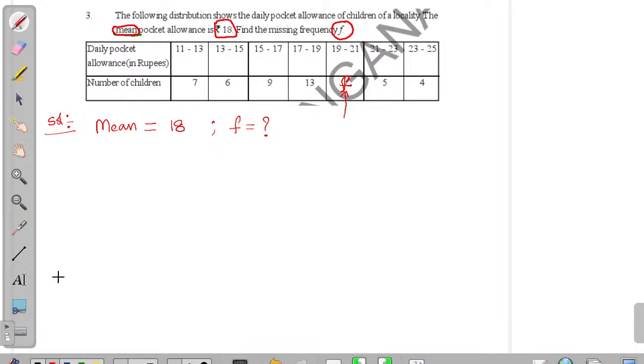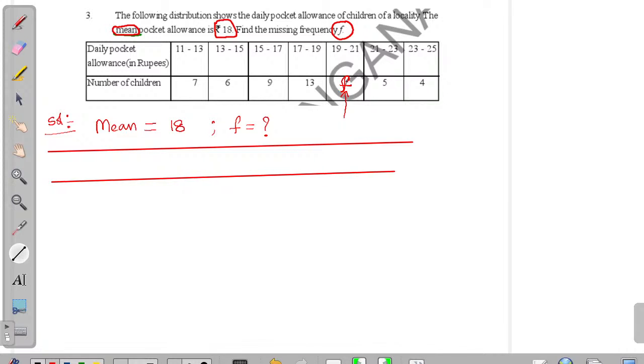Same procedure, we will prepare a table. It consists of 6 columns.